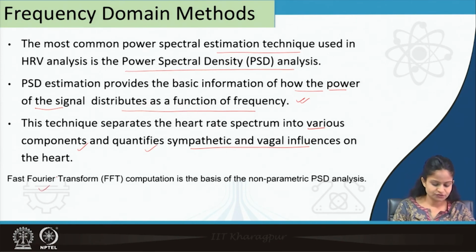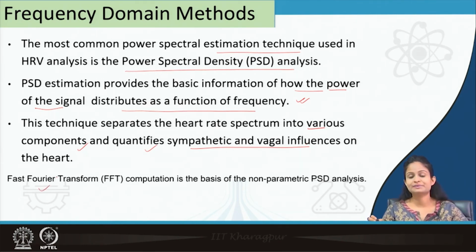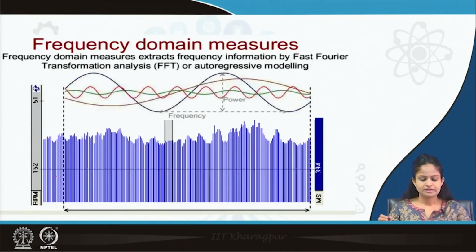And as I told you, the fast Fourier transform algorithm is the basis of this frequency domain analysis, or the power spectral density analysis. This is mainly done with the fast Fourier transform algorithm or autoregressive modeling.